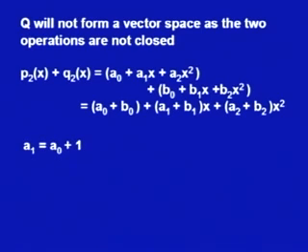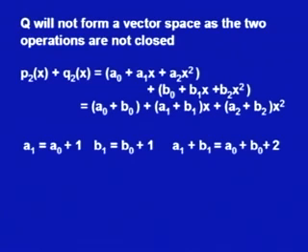A 1 is equal to a naught plus 1 because p 2 x belongs to the set Q. Similarly, b 1 is equal to b naught plus 1, as q 2 belongs to Q, and from this one can see that a 1 plus b 1 is equal to a naught plus b naught plus 2.